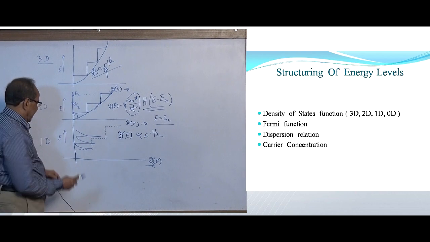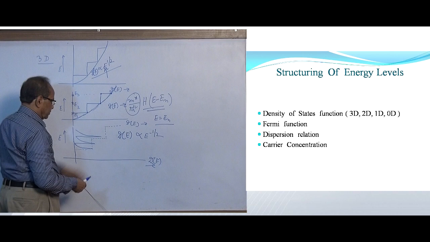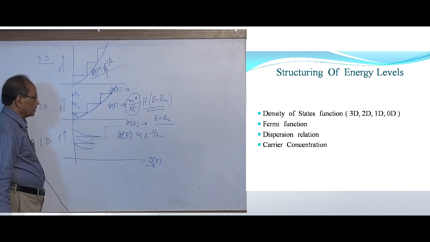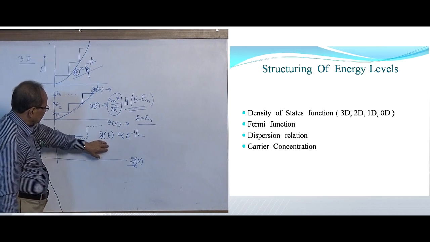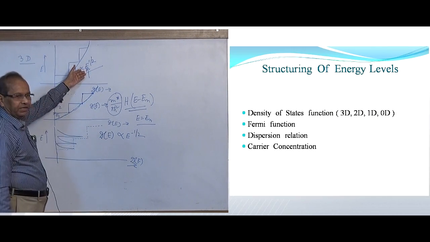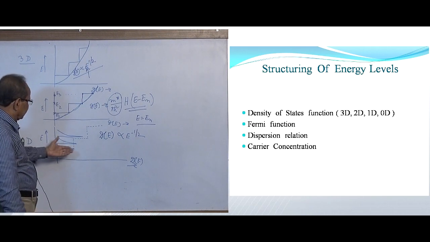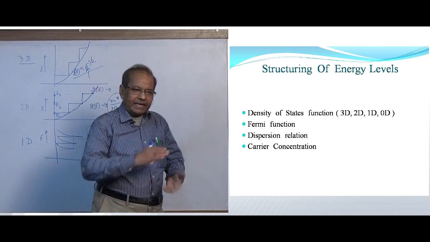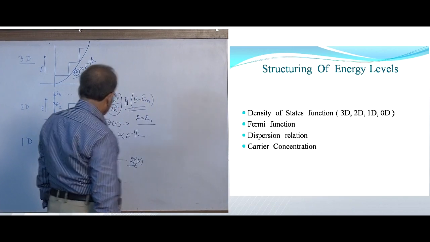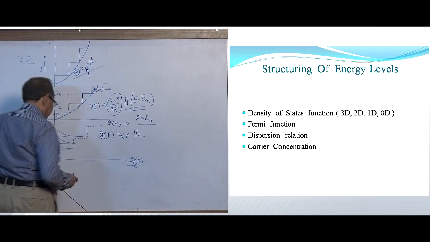That means as energy is increasing, the density of states is decreasing. It is totally unlike 3D. In 3D more energy means more density of states, but here the density of states is gradually decreasing. That means packing is loose here. Okay, so this is one dimension.